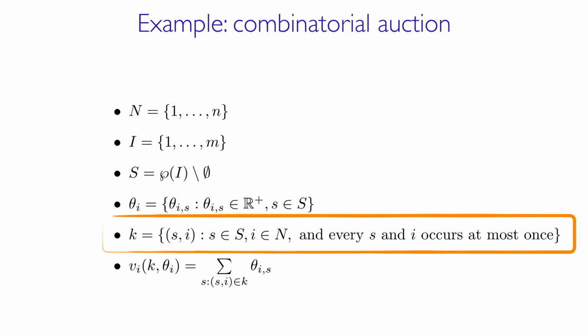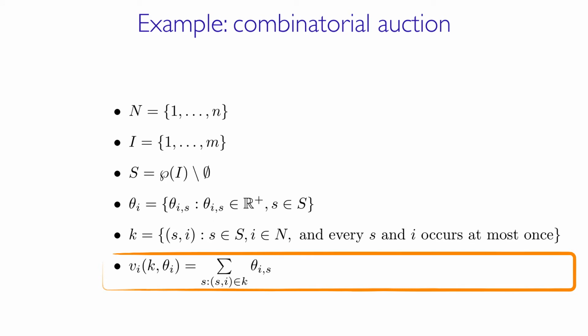An allocation is a collection of pairs specifying a bundle and the player to which such a bundle is assigned. Notice that a bundle can appear only once, and the same holds for every player. Finally, the valuation function is just the type related to the bundle assigned to that player.